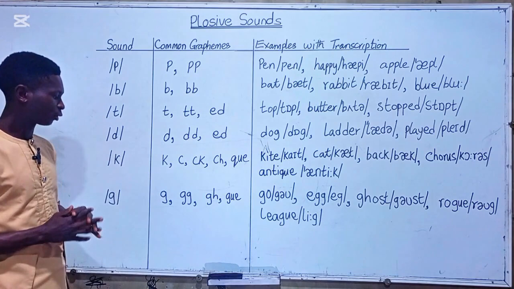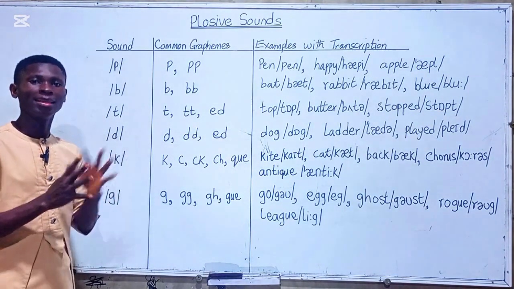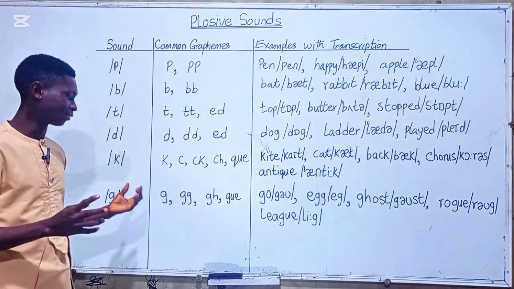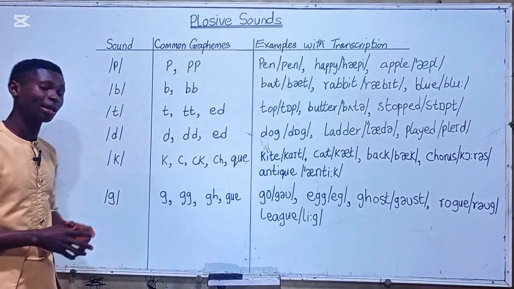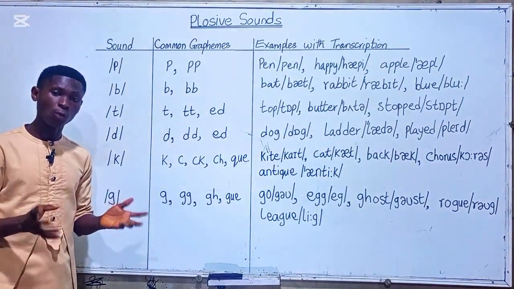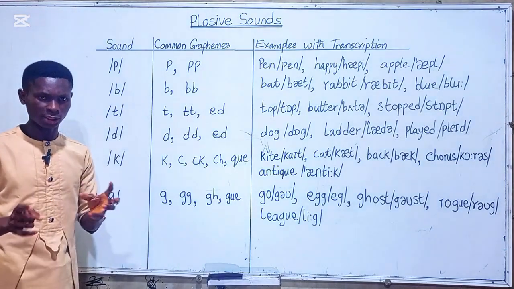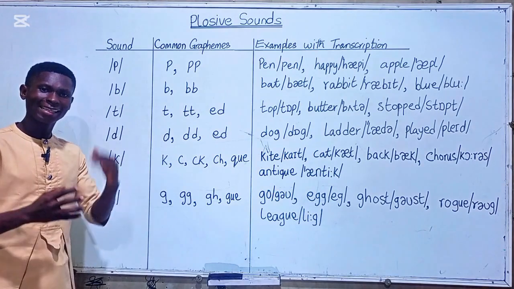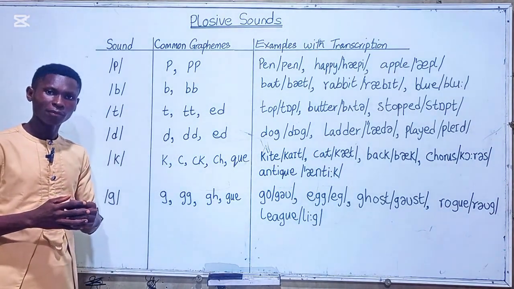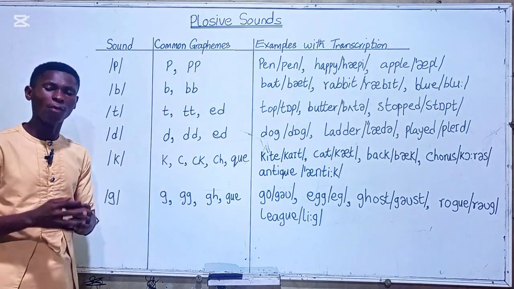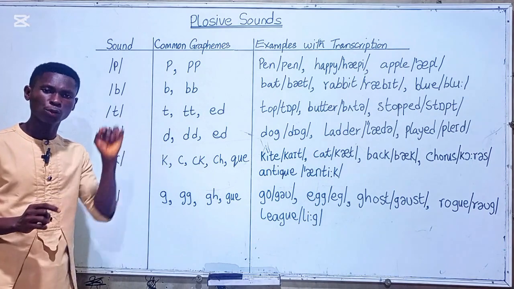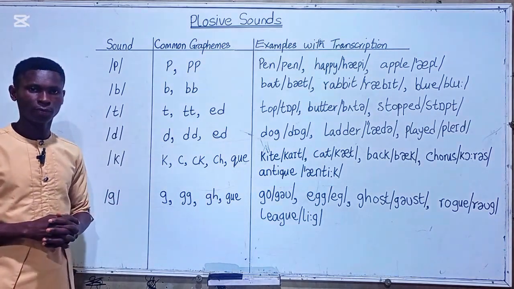So pay attention to where you have these letters in words and try to articulate them as a sound. However, always make reference to your dictionary, because this is not a conclusion. Rather, it is an exemplification of those aspects that you are likely to have this sound.